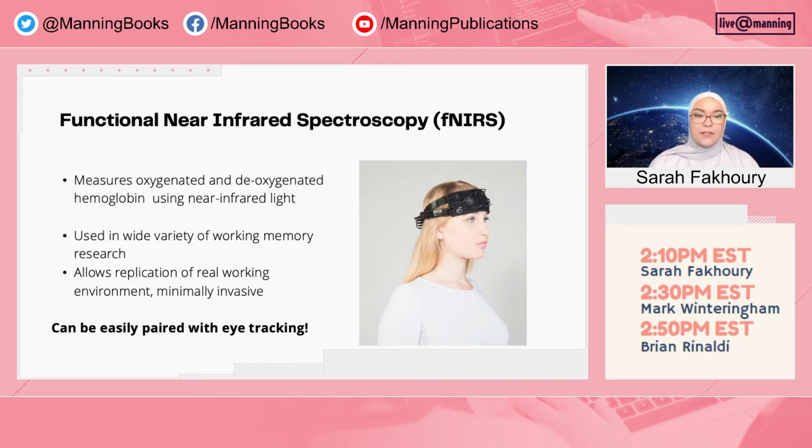So look at that picture. It's basically just a headband. And it's not too uncomfortable compared to other brain imaging techniques like MRI, for example. It allows us to put this brain imaging technique on developers while they're at their own desks using their own computers, programming in an IDE. And the best part is that it can be paired with eye tracking.